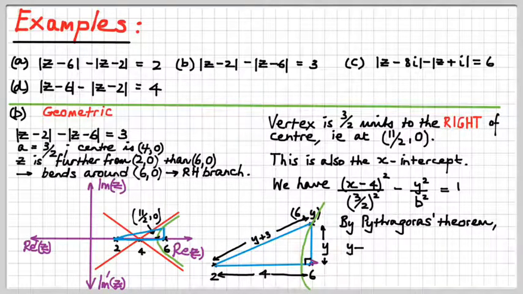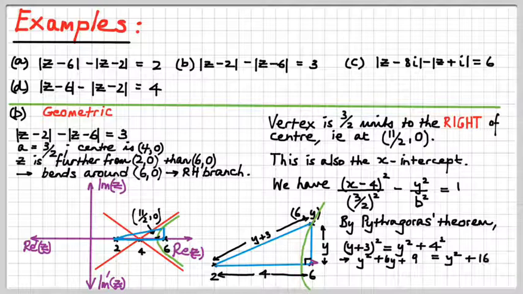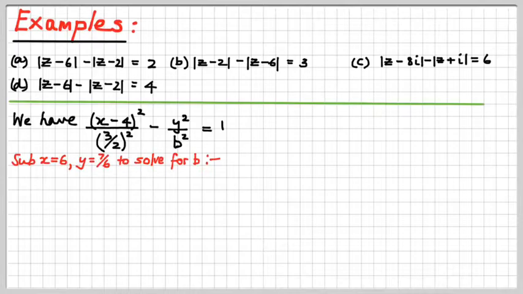We're about to do Pythagoras' theorem and solve it for y, and that looks good, and they cancel out. So therefore 6y has to be equal to 7, and therefore y has to be 7 over 6. So this point here is x is 6 and y is 7 over 6, which we substitute into the equation to get B for you and me. There it goes.